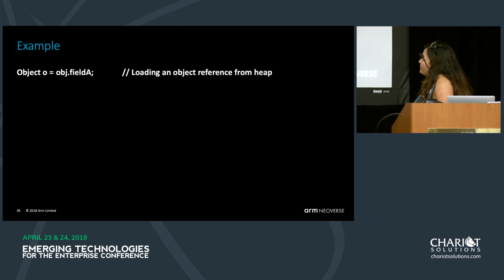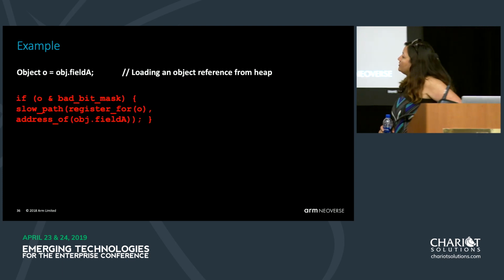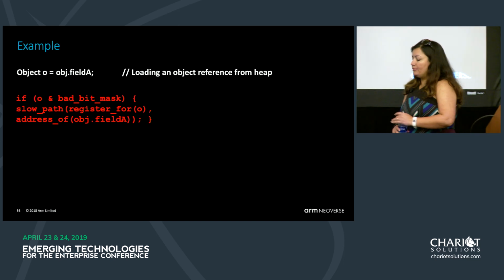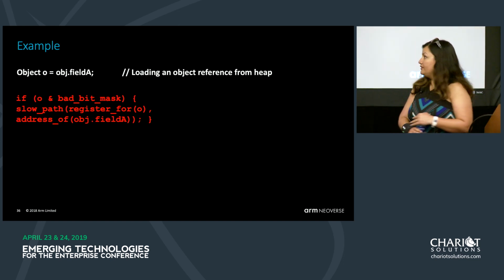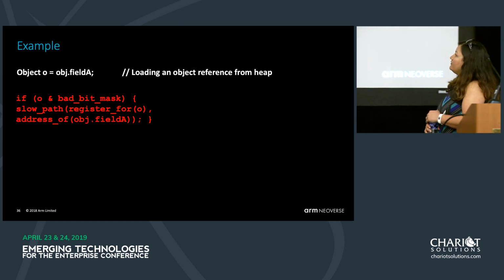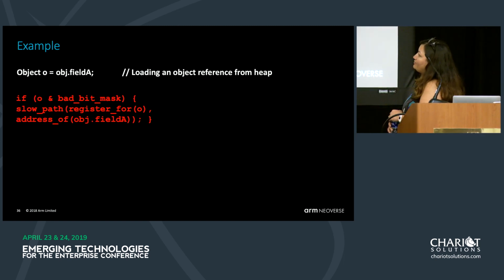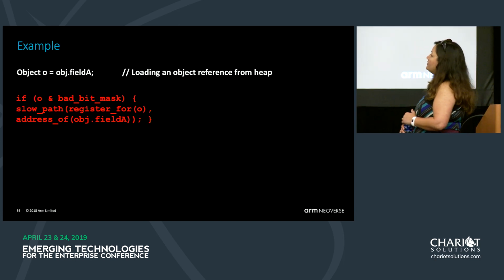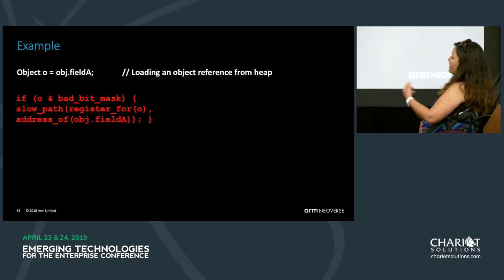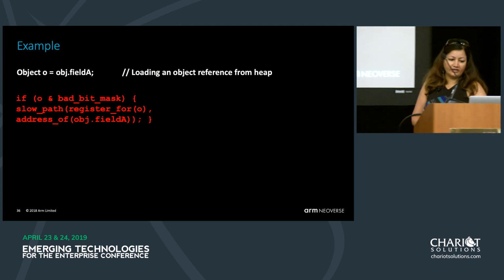The way it will be implemented: remember the concept is if it's bad, then I want to make it good, right? So if that object O has the bad bit mask, then you take the slow path, and then finally you get the address of object field A, right?